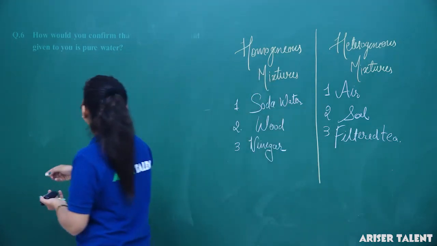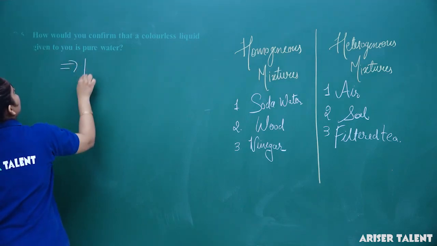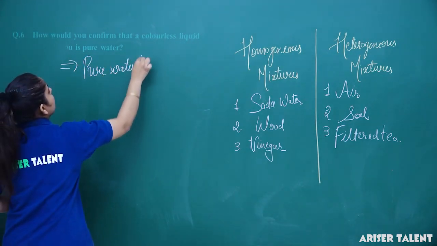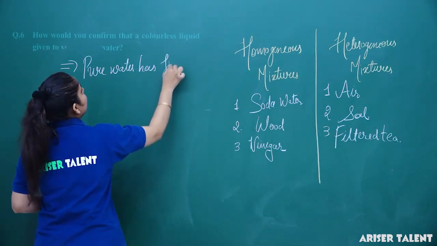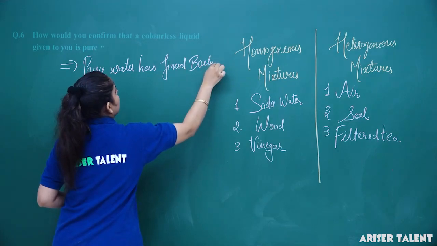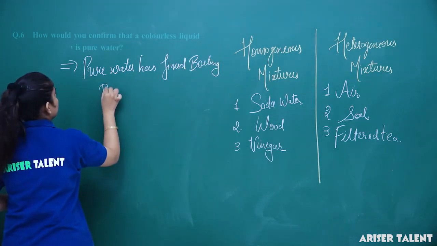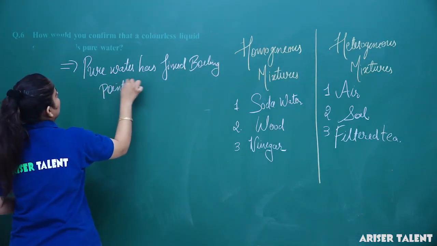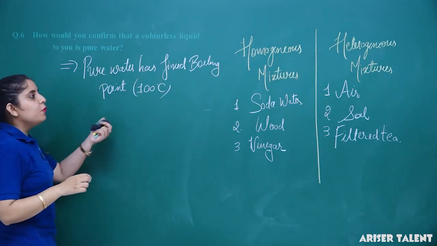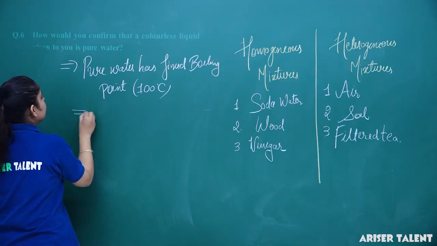So the answer will be: pure water has a fixed boiling point, that is 100 degrees Celsius.